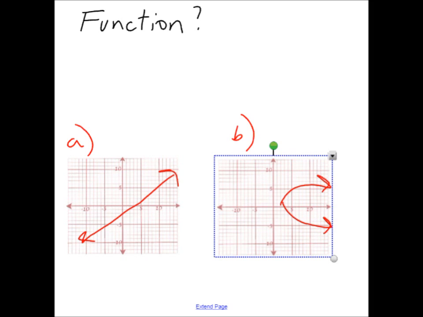So what we use for graphs is called the vertical line test. Okay. And if I could draw a vertical line that hits my graph in more than one place, it's not going to be a function. Okay.